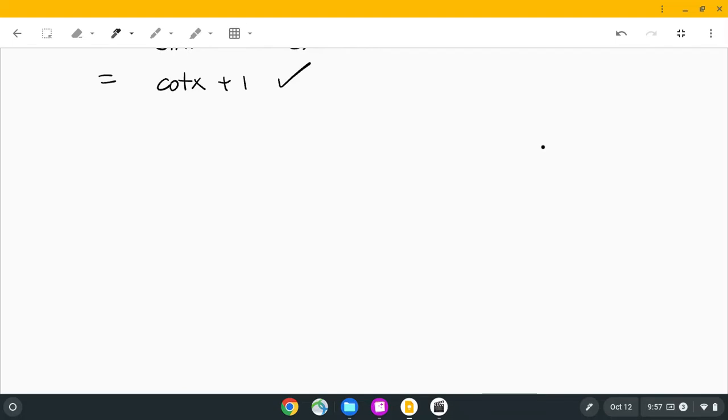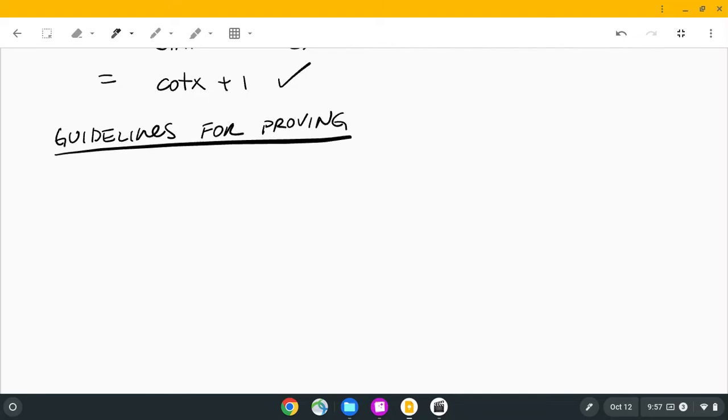Here are some guidelines to help you out as you do these. Guidelines for proving. I already told you some of them, so let's just write them down. Okay, so we're going to choose the more complicated side.